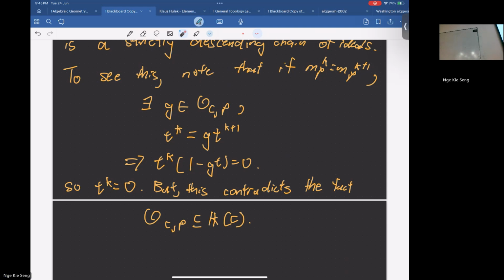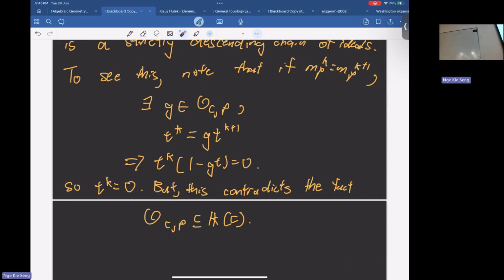Is it true? Because this field is algebraically closed, so you got infinite elements here. And then yeah, you shouldn't be nilpotent as a field element.